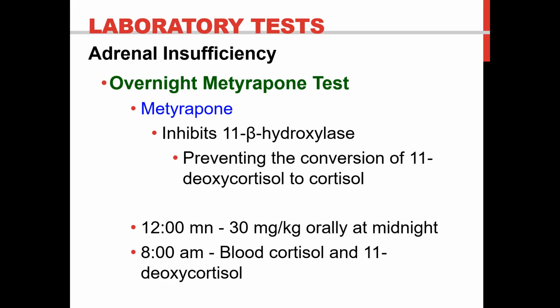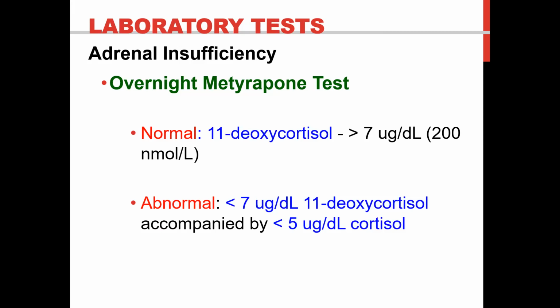We can do this at 12 midnight, and also at 8 a.m. we get blood for the cortisol and 11-deoxycortisol. For the normal levels, class, for the 11-deoxycortisol, there would be more than 7 micrograms per dL or 200 nanomoles per liter. For abnormal, of course, it would be less than 7 micrograms per dL.